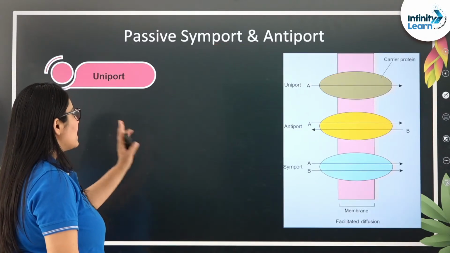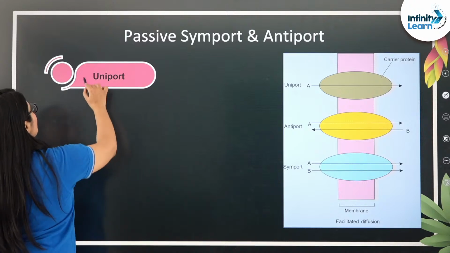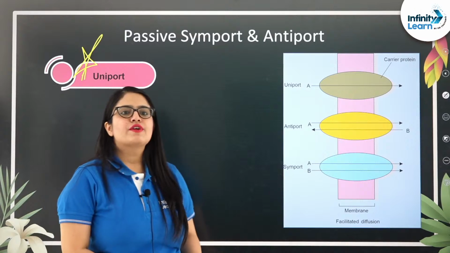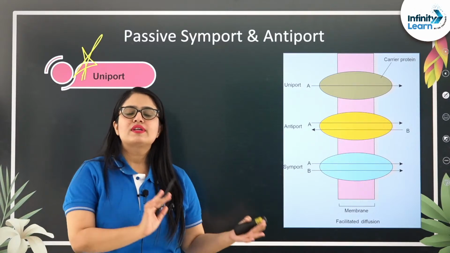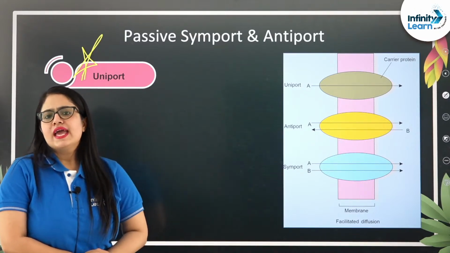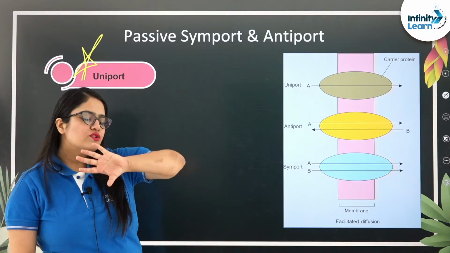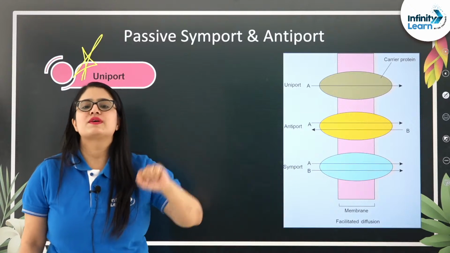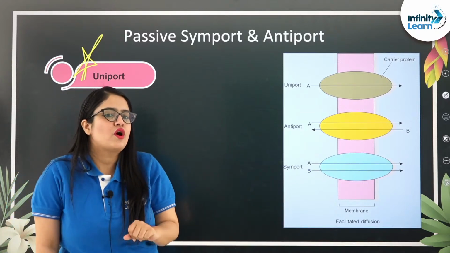Now let us see another very important thing, that is uniport. What is uniport? Uniport is a bit different from symport and antiport. How? In symport and antiport, in order to transport a single type of substance, another type of substance should also move either in the same or in opposite direction.